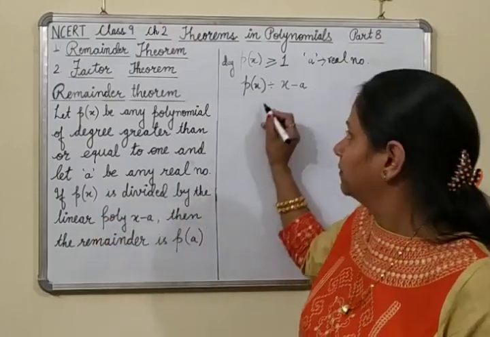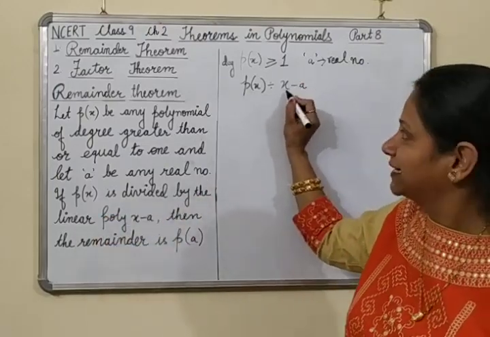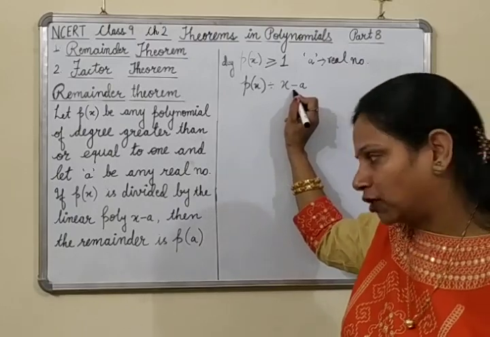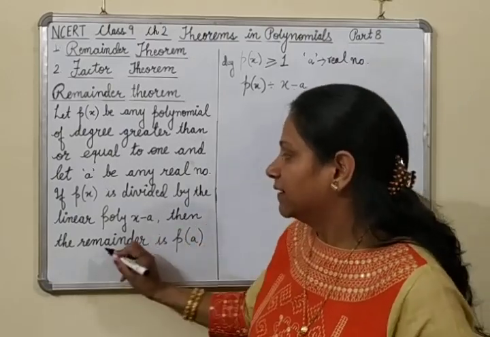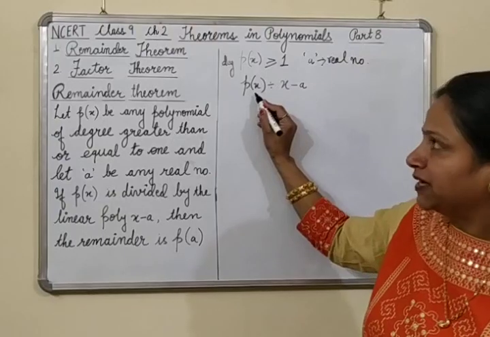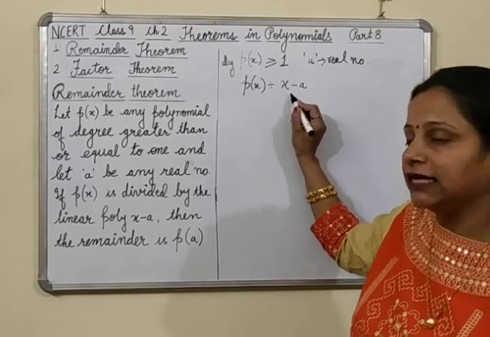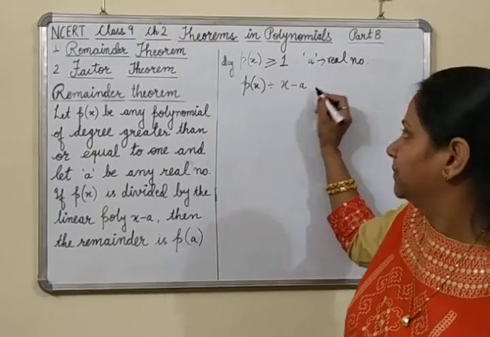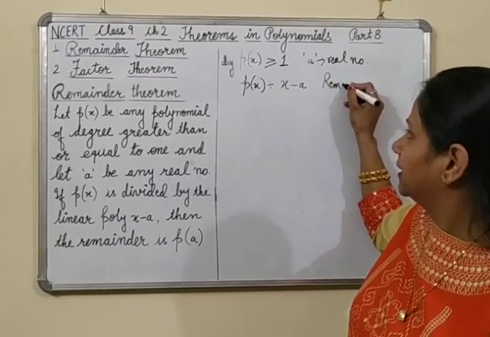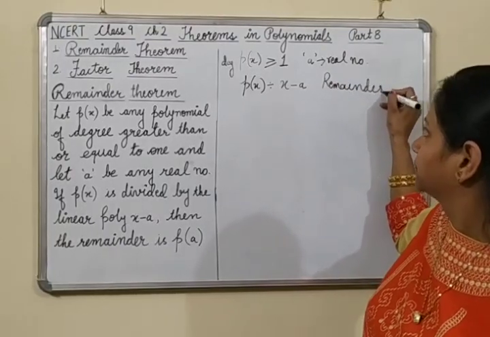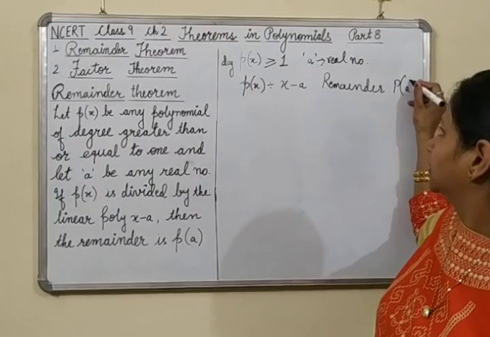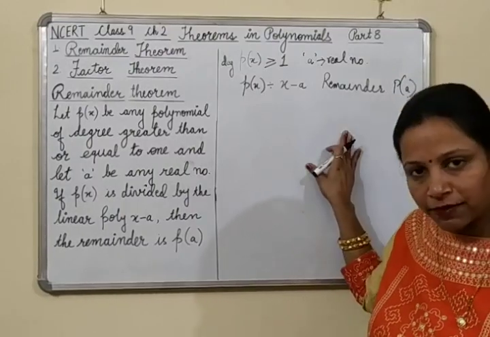When the degree is 1, and here we see the degree is 1, so this is a linear polynomial. Then the remainder is P(a). So if P(x) is divided by a linear polynomial x minus a, in this case the remainder comes out to be P(a). This is your remainder theorem.